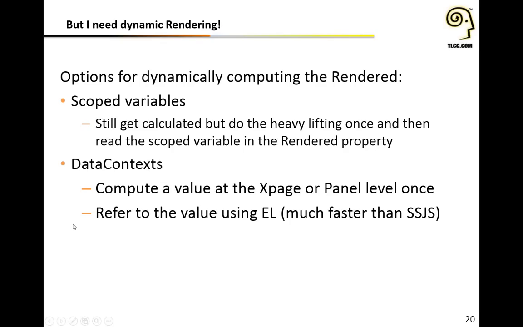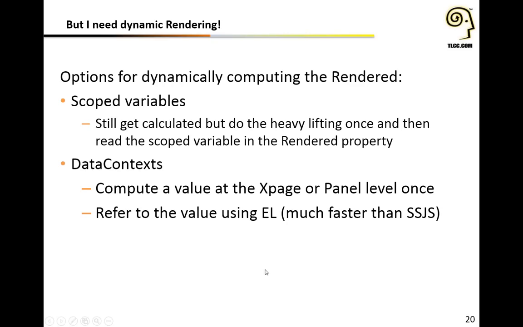Well, think about what you're putting into the rendered properties. And I pick on the rendered because we saw how bad that is in terms of getting computed multiple times. Don't do any heavy calculation in your rendered property. Try to do it somewhere else, like in the button. When the user clicks the button, figure out what you want to show next and put that into a scope variable.